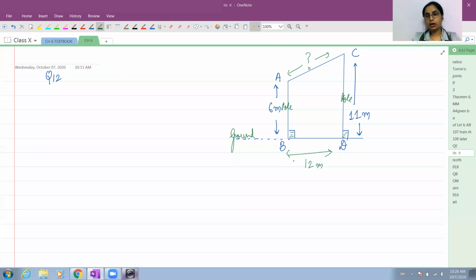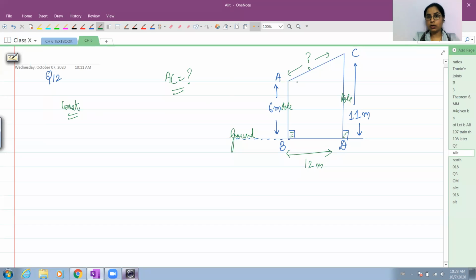So this is what we have. We have the distance between their feet and we need to find out the distance between their tops. So the question is to find out AC. And since this exercise is based on Pythagoras theorem, we should be able to see a right triangle here. So I'm going to construct a parallel line through the top of the first pole, parallel to the ground.